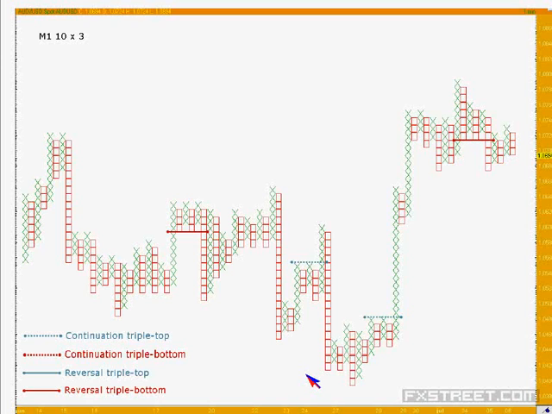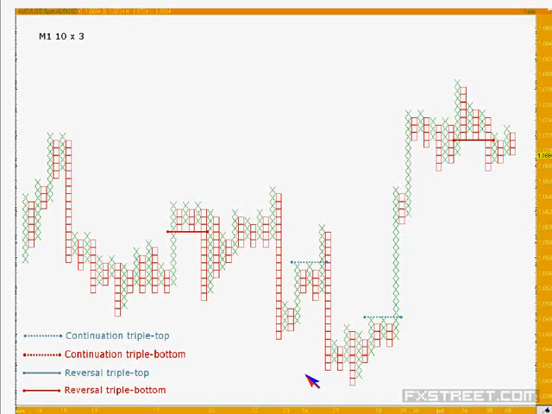Okay, this is because I need more volatility being shown in the chart, and therefore I have to reduce somehow my time horizon. And to reduce my time horizon, I mean I have to increase the sensitivity of the chart. And to increase the sensitivity of the chart, I can do three things.